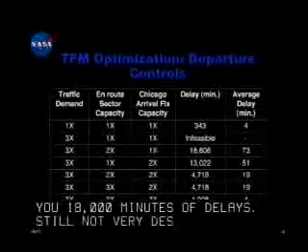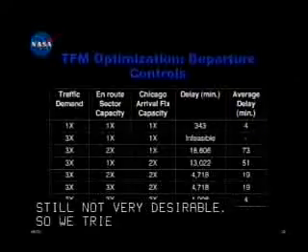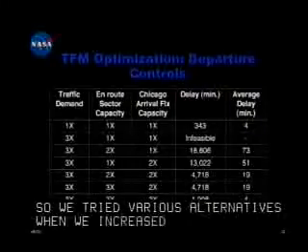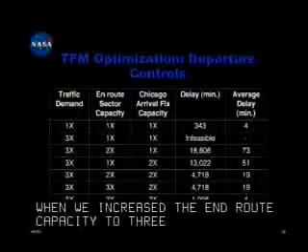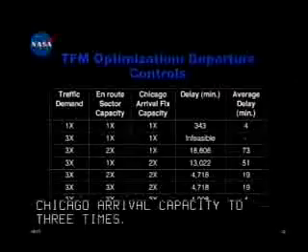So we tried various alternatives when we increased the en route capacity to 3 times and the Chicago arrival capacity to 3 times. For this case, you get back your 4 minutes of average delay.